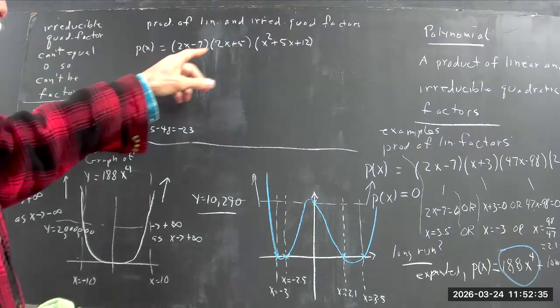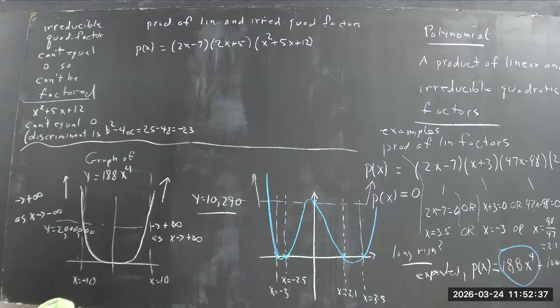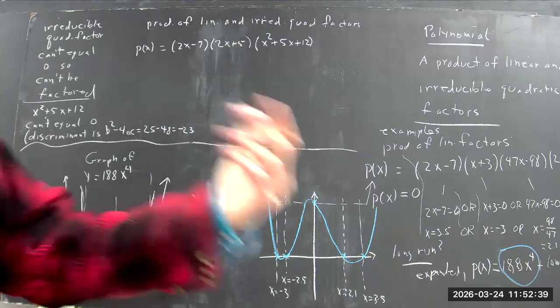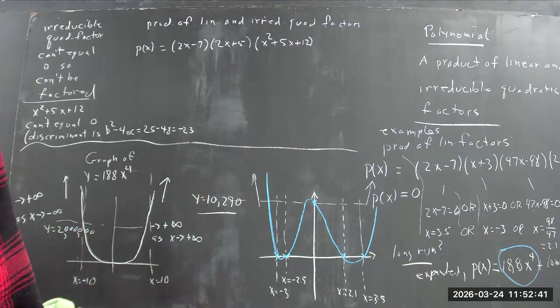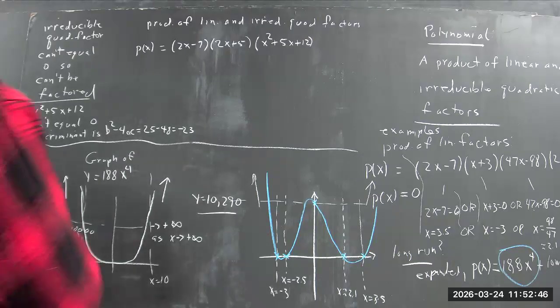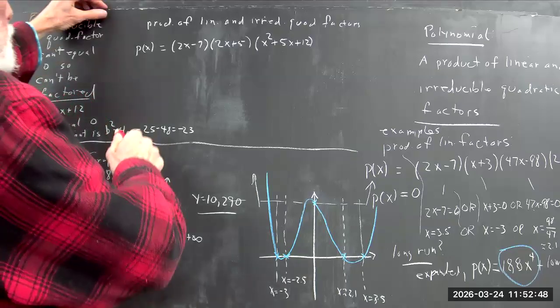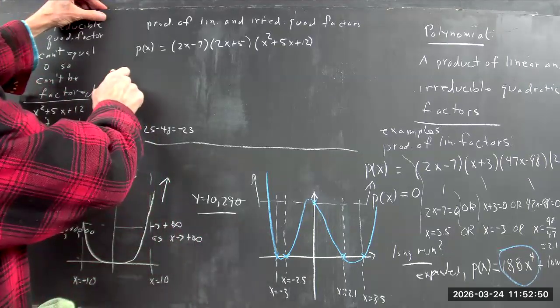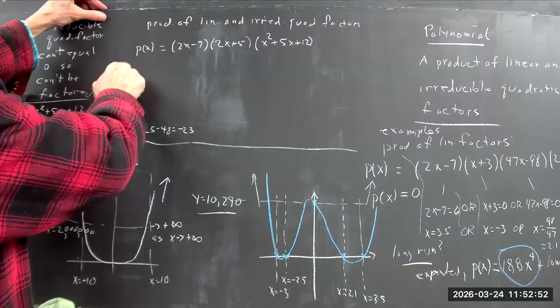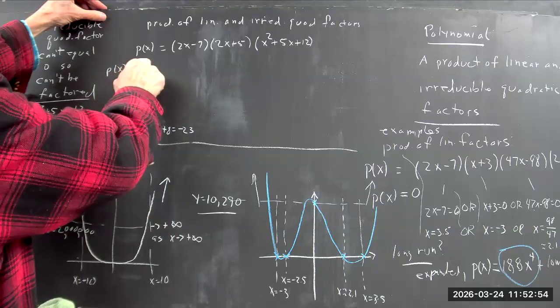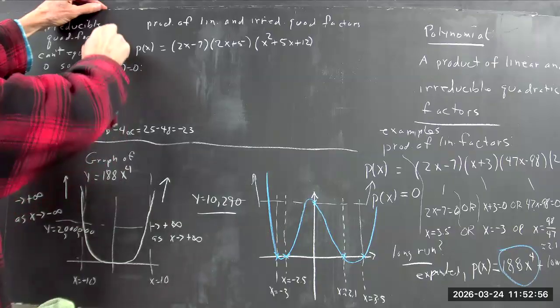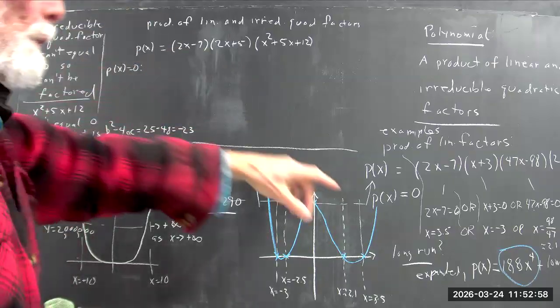I've just picked out the 2x minus 7, 2x plus 5, and x squared plus 5x plus 12. P of x equals 0, that's where we're going to start.